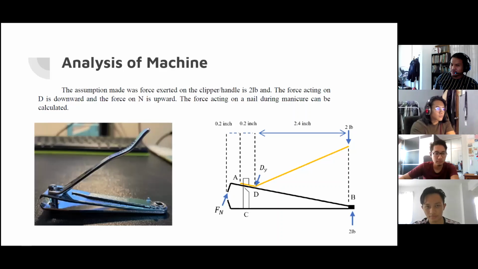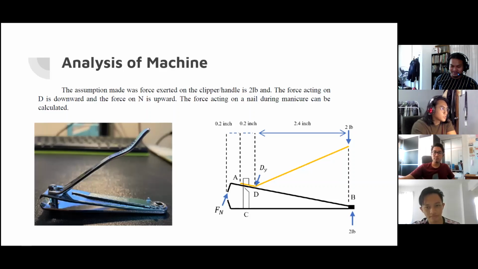Okay, so the next analysis of statics is going to be the analysis of machines. So we are using the nail clipper because this is something that we can find in our household. So the assumption made was the force exerted on the clipper handle is 2 pounds, which is from our human force.